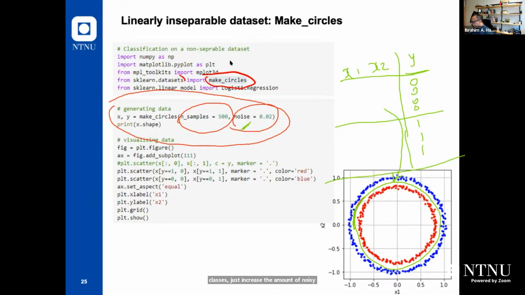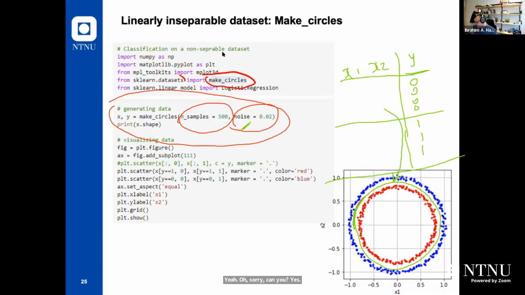So can you propose a way for solving this problem? How can we solve it? Can we, for example, do some kind of dimensionality reduction or transformation to make these features linearly separable?